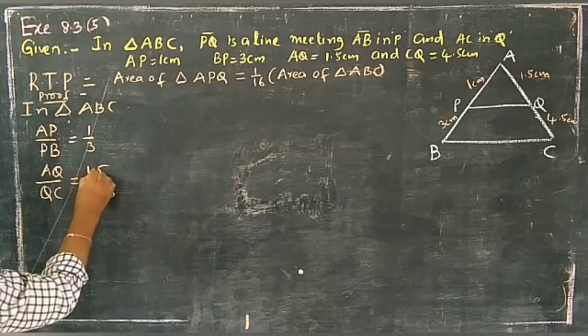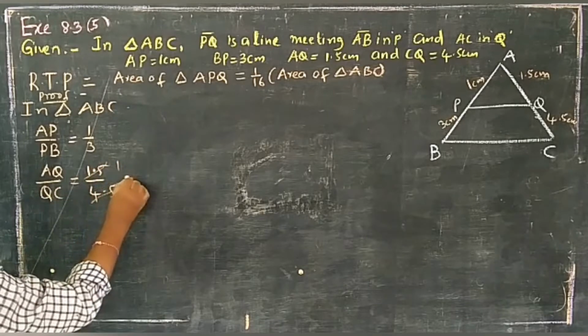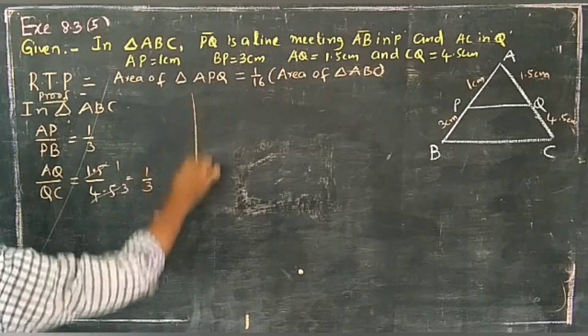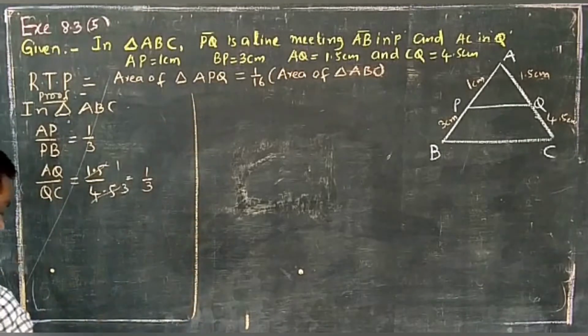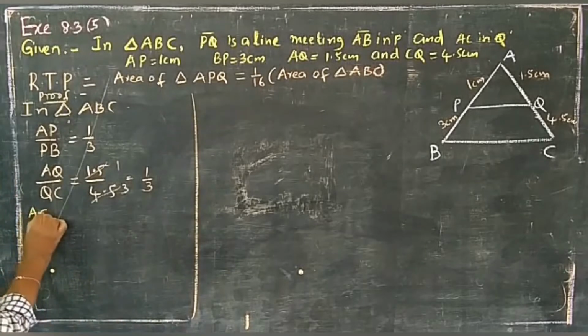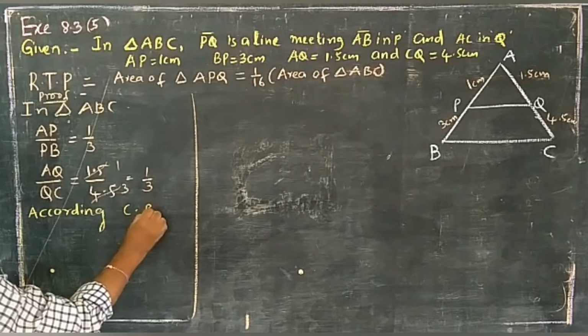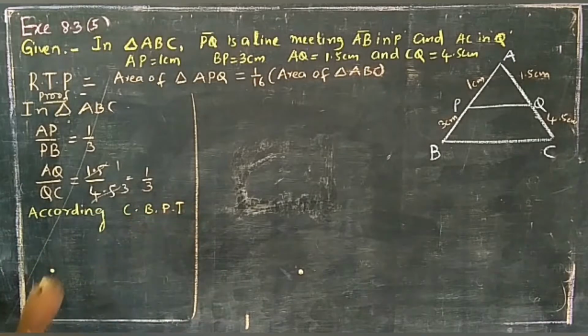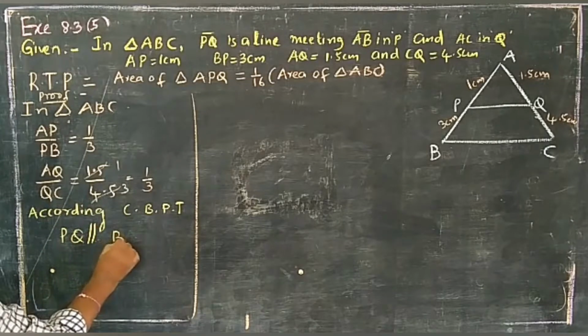Simplifying, 1.5 by 4.5 is also equal to 1 by 3. This looks like the converse of the basic proportionality theorem. According to the converse of the basic proportionality theorem, PQ is parallel to BC.